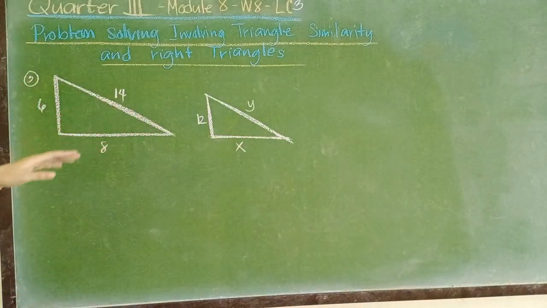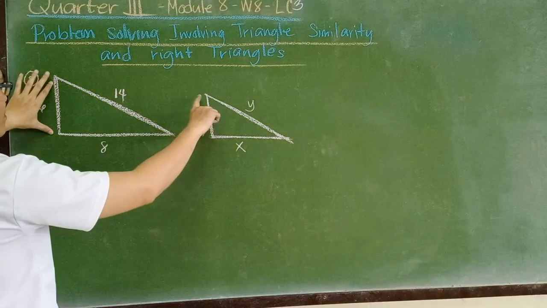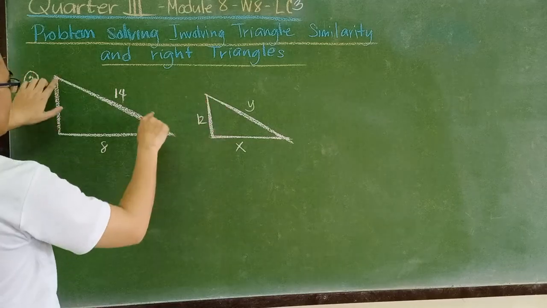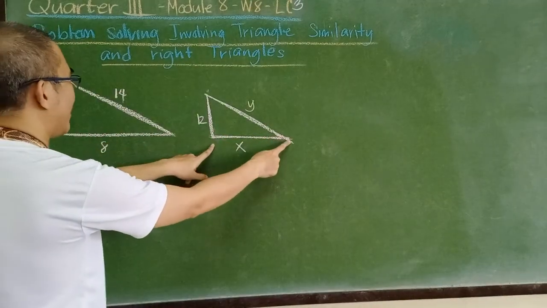So since similar sila, pwede tayong gumawa ng proportions para sa kanila. So gagawa tayo ng mga pares. So yung 6 will be paired with 12, yung 14 will be paired with y, and then 8 will be paired with x.